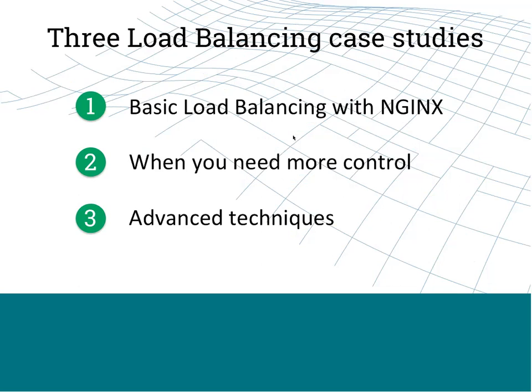We then looked at when you need more control, using backup web servers for master and slave environments, and using session persistence, a feature in NGINX Plus. And finally, we've looked at a couple of advanced techniques that you can achieve by scripting your NGINX configuration to perform A/B testing or smooth and seamless migration of users from one application farm to another.